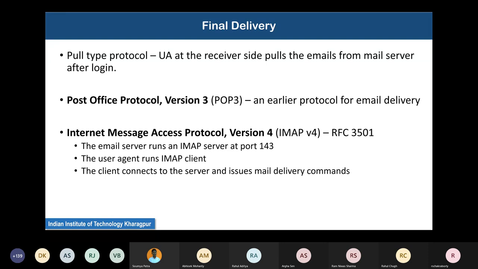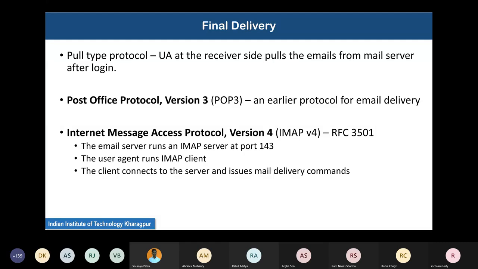The user agent runs an IMAP client, whatever client program, Thunderbird, Microsoft Outlook, whatever you want to use. And then the client connects to the server and issues a mail delivery command. It can also be, I think on Apple also there are the Mail and other types of applications which you use.